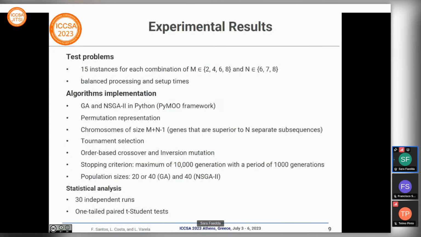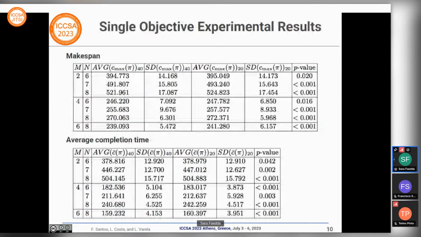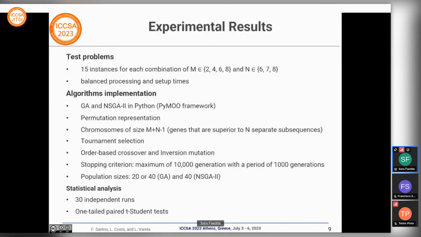We consider 15 instances for each combination of m and n, the number of machines and the number of jobs. All these instances have balanced processing and setup times, and we have used these algorithms implemented in Python to solve this problem.